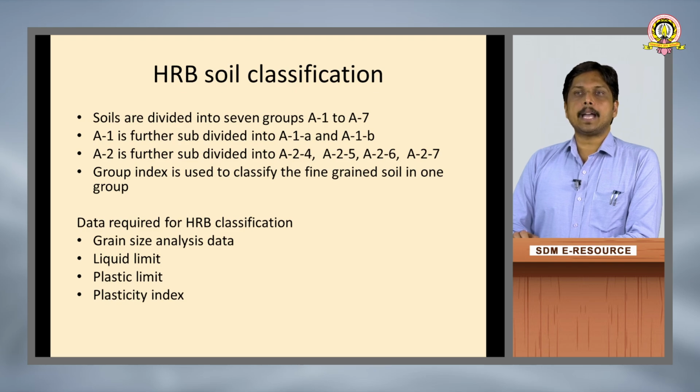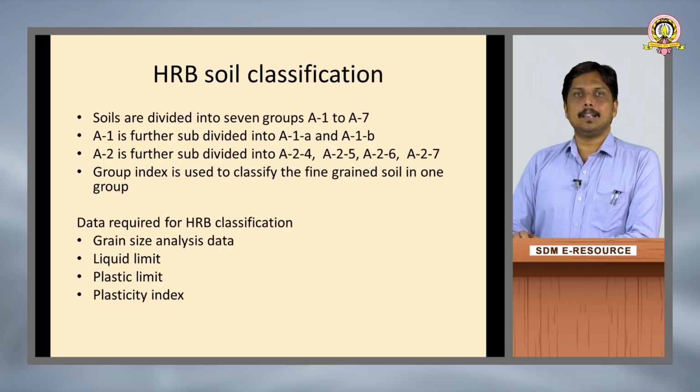A characteristic group index is used for classifying the soil within the group, and the data required for classifying the soil based on the HRB system is the grain size analysis data, that is the particle size distribution data which is obtained by conducting the sieve analysis to the soil.